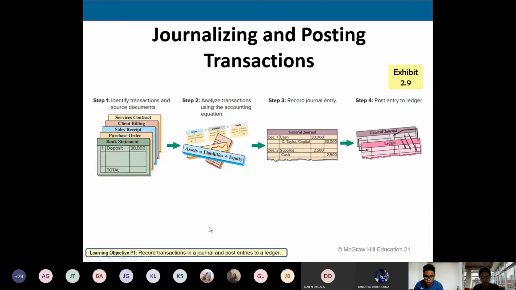And of course, to reconcile the balance of the subsidiary ledger, ipopost natin at the same time yung total nito sa general ledger. For each account, the subsidiary ledger and the general ledger, these two ledgers must be in balance, or they must be reconciled.